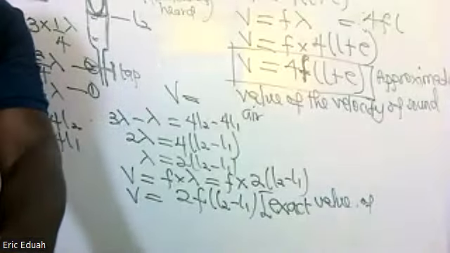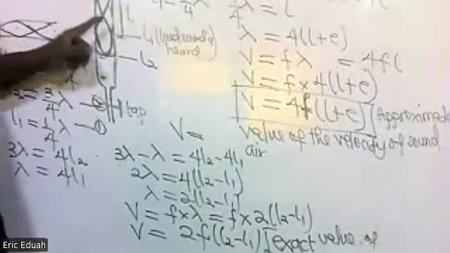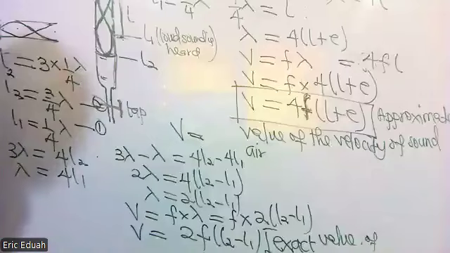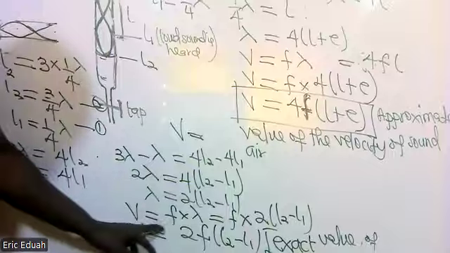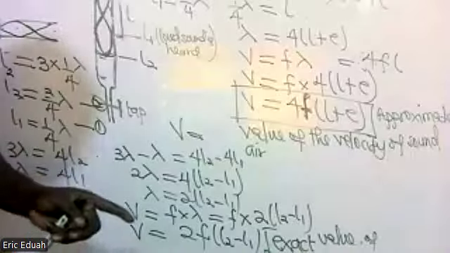That is why when you consider the first resonance to determine V, we are terming that as the approximate value. And when you consider the second position of resonance to determine V, it is more accurate or exact.